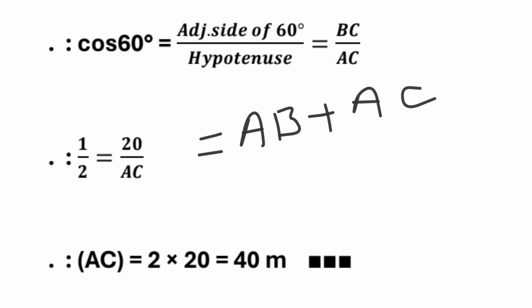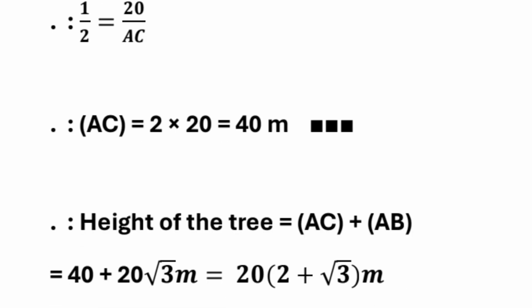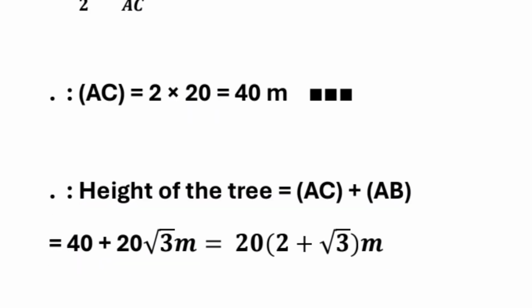Now we put values of AB and AC. Value of AC 40 and value of AB 20 root 3, means 40 plus 20 root 3 total, that is we write here meter.